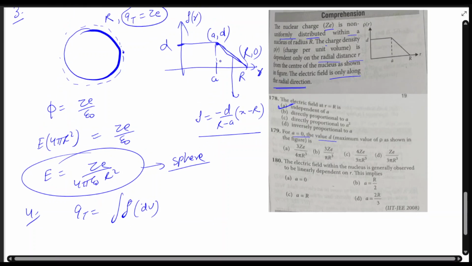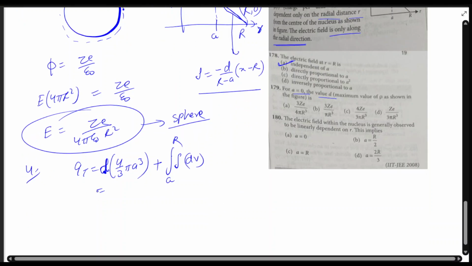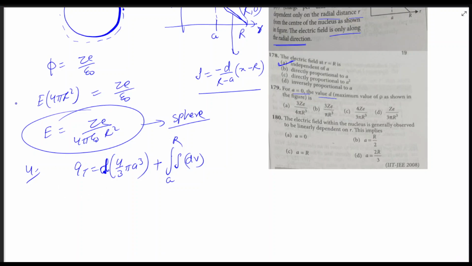Because this only gives the charge from A to R. We have to add the charge of the inner part also. So what will this charge be? The density there is the common value D. So we have to add D into 4 by 3 pi A cube, plus the integration of rho into dV from A to capital R. I'm generalizing things, so we'll just put in the values and get the answer.